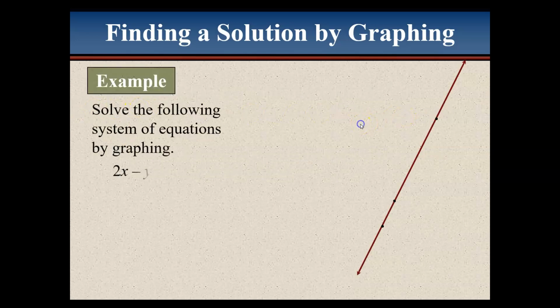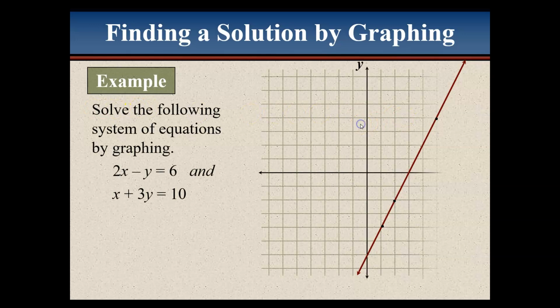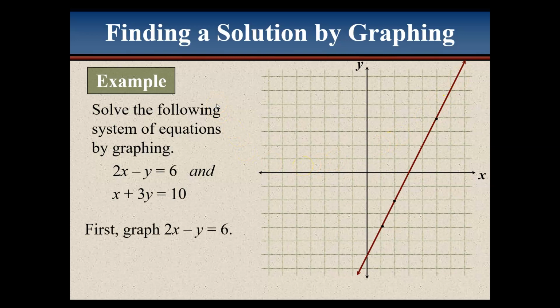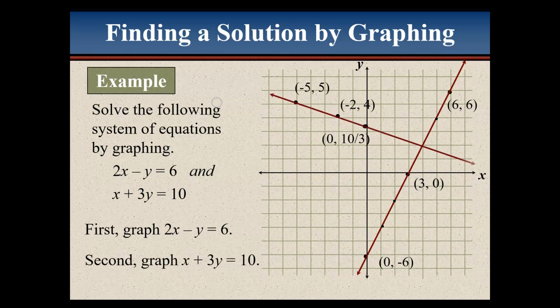So if you're given the first equation, 2x minus y is equal to 6, and that's this line here, and the second equation is x plus 3y is equal to 10, you can find points for both of them to be able to plot the graph on the coordinate plane.